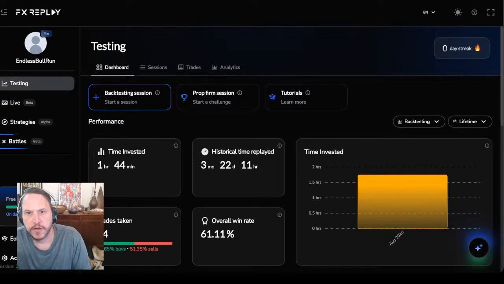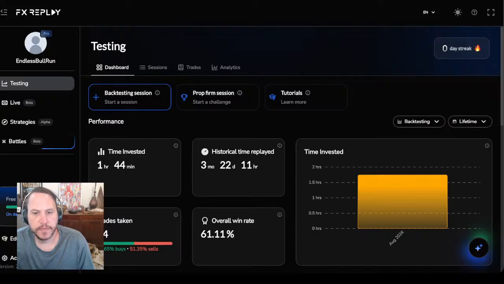Hopefully you all had a good trading day. Getting these out everywhere.